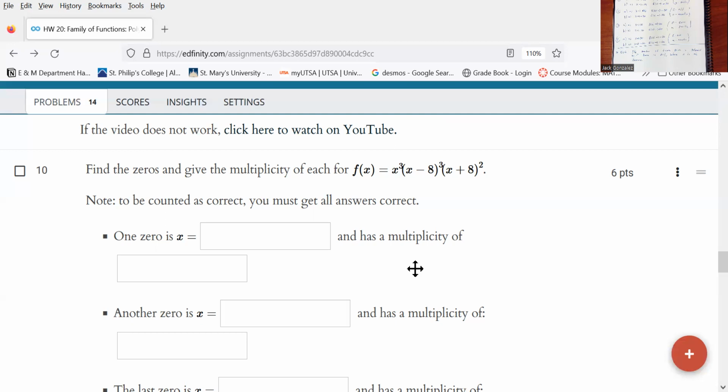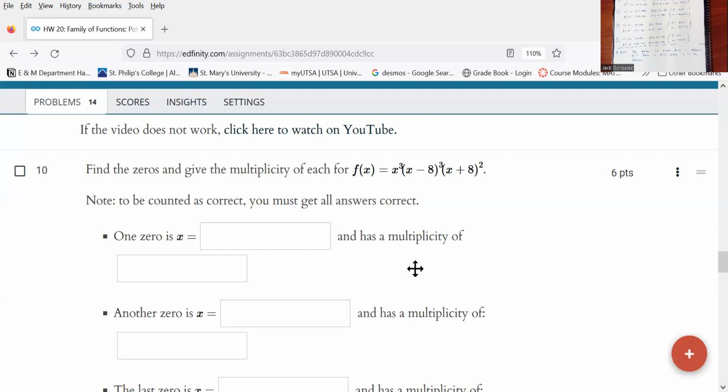Everyone see it? 0, 8, and -8. You plug them in, you would get a 0. You plug in either of them. To find the x, you set it equal to 0 and then solve it.